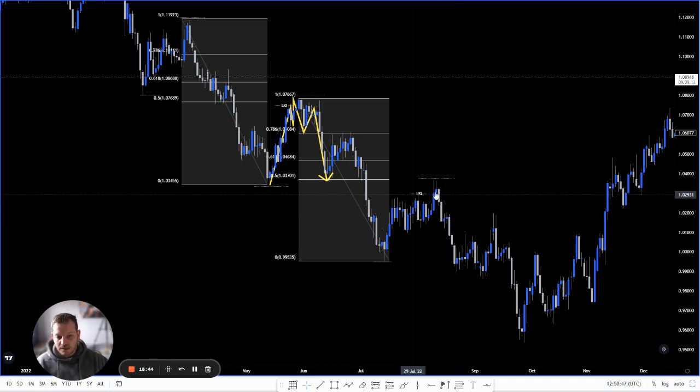But on a smaller time frame, there might have been a nice entry here, because if you can find a liquidity sweep, liquidity sweeps happen on every time frame. It's just a manipulated market. So yeah, there's your downfall straight up.